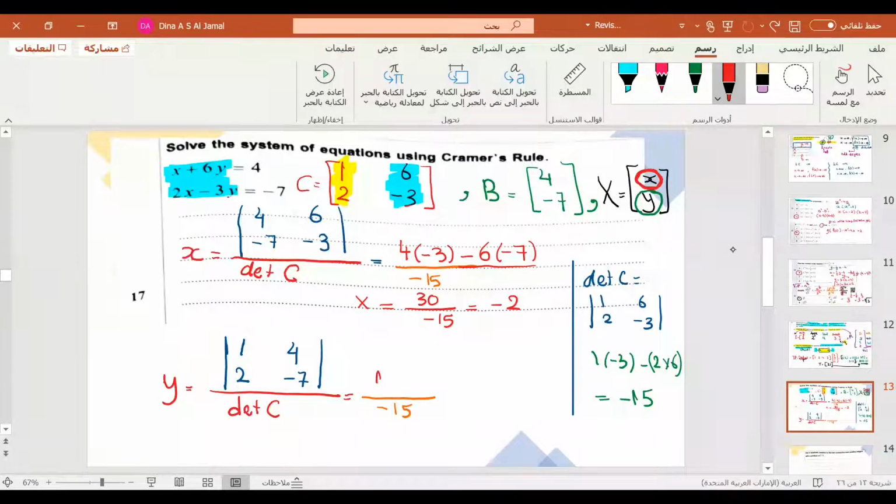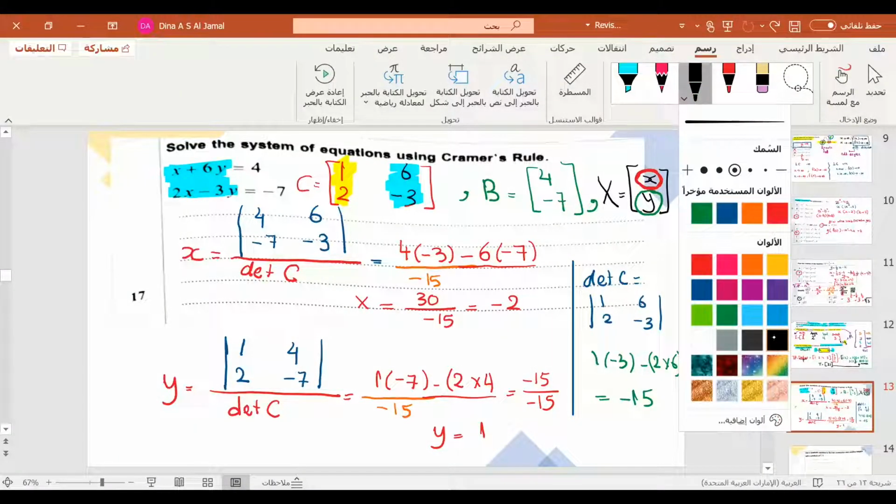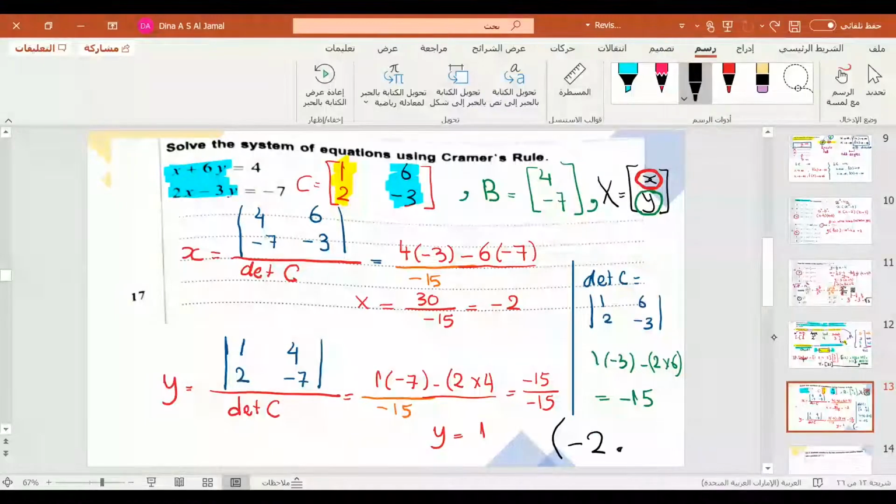Then 1 multiplied by -7 minus 2 multiplied by 4. That means you have -15 over -15. Your y is 1. So if you would like to put it as a coordinate point, it will be your x and your y. That's it. So this is Cramer's rule.